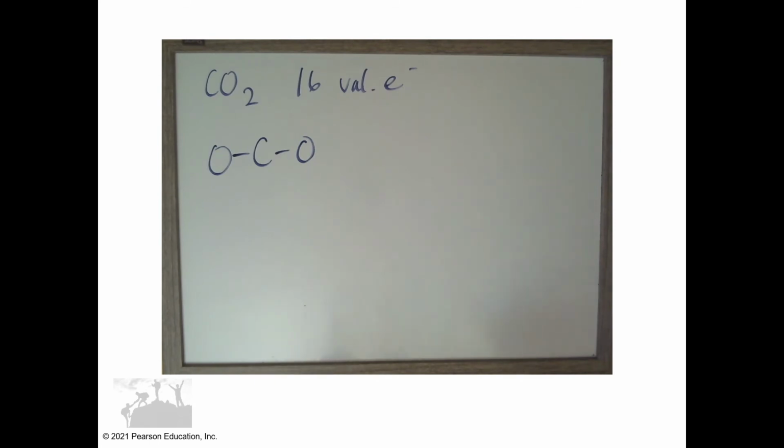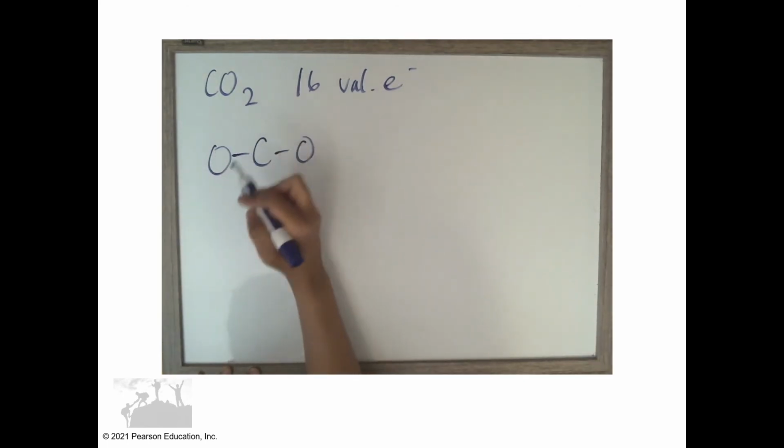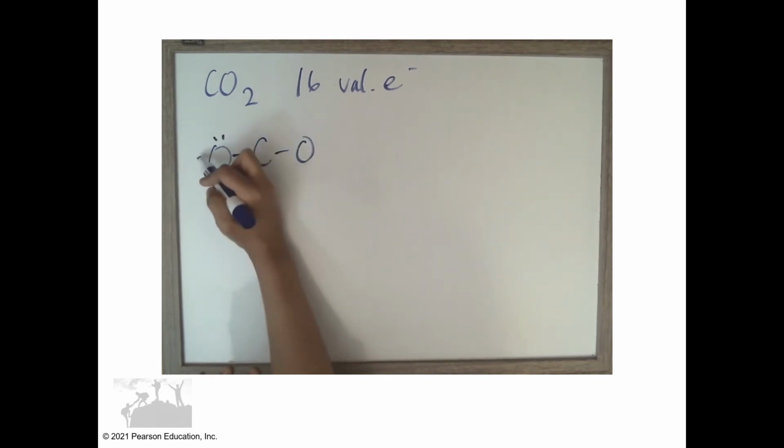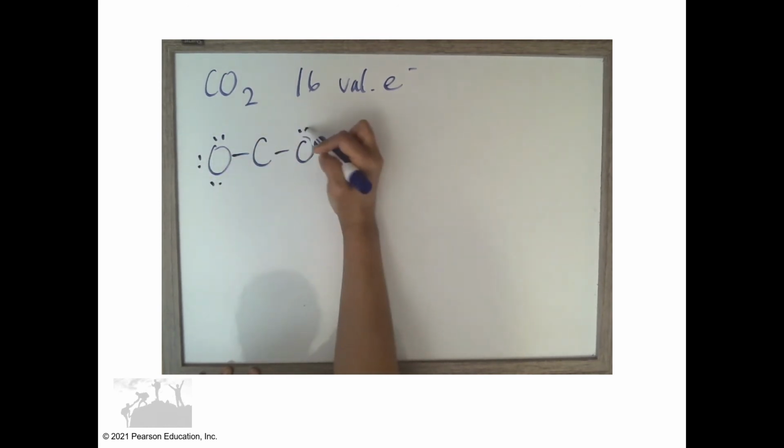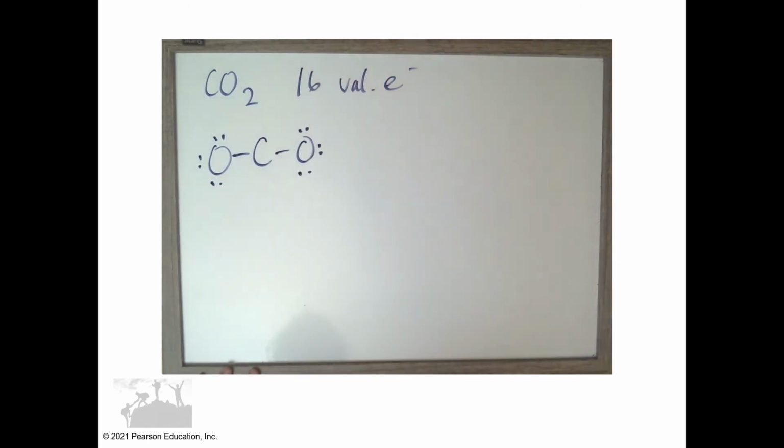We drew 2 single covalent bonds. So we have to add 12 more valence electrons. Okay, so let's do that. We have 2, 4, 6, 8, 10, 12, 14, and 16. Okay, we used up all the valence electrons that are available to us.